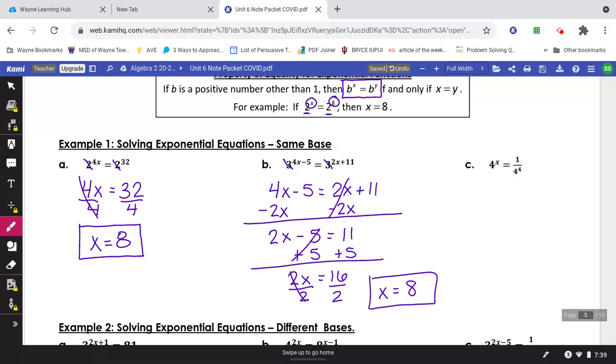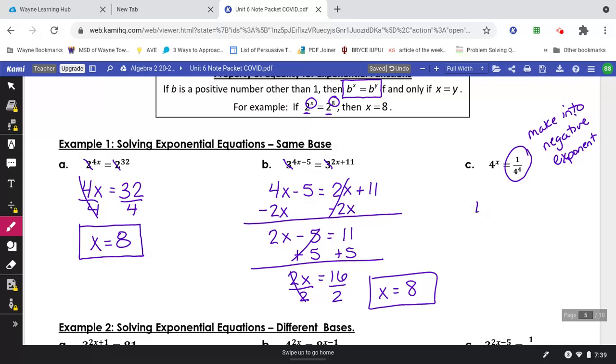All right, so for this last one, part C here, notice we have that fraction. We want to make that into a negative exponent.